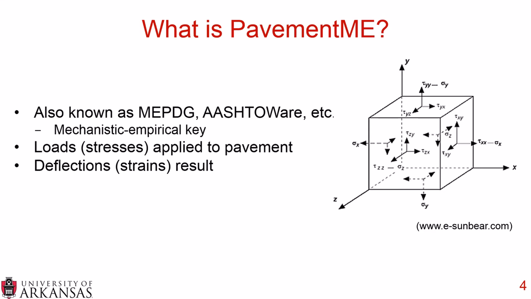And in short, PavementME, or mechanistic empirical design, recognizes that loads or stresses are applied to a pavement and deflections or strains result. This is kind of the key of the mechanistic portion. The empirical portion is the incorporation of both traffic and the environment. So this combination of the mechanistic and the empirical portions are what makes PavementME.